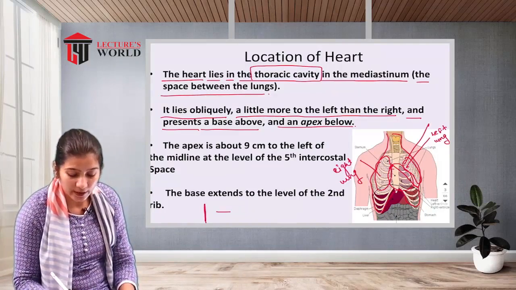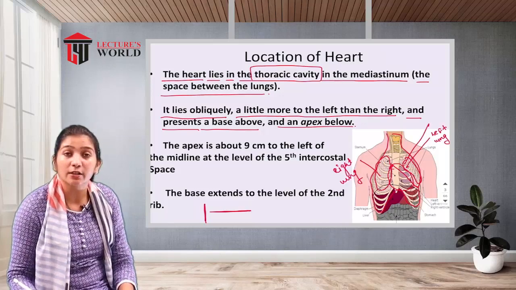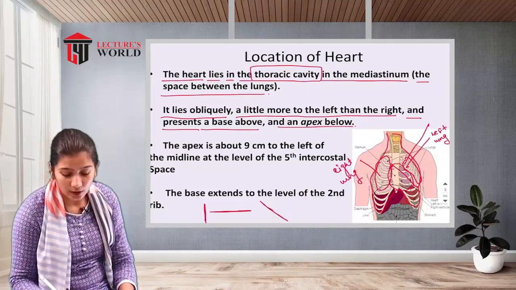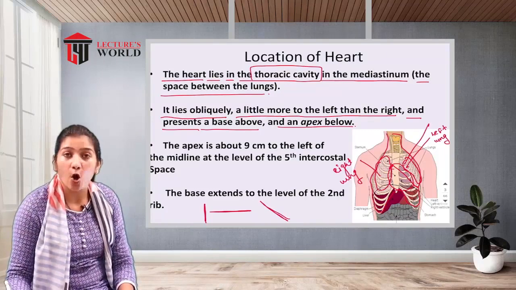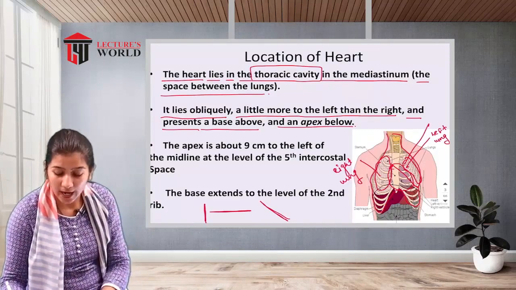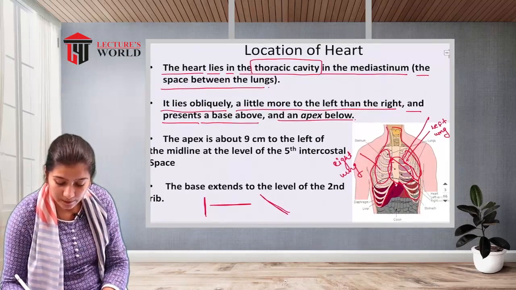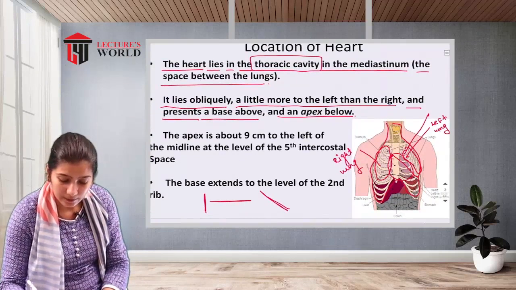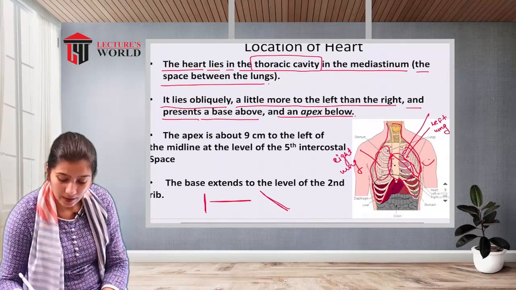If it is horizontal, it is known as a transverse line, and this one is known as an oblique line. So the heart is present obliquely, as you can see in this picture.